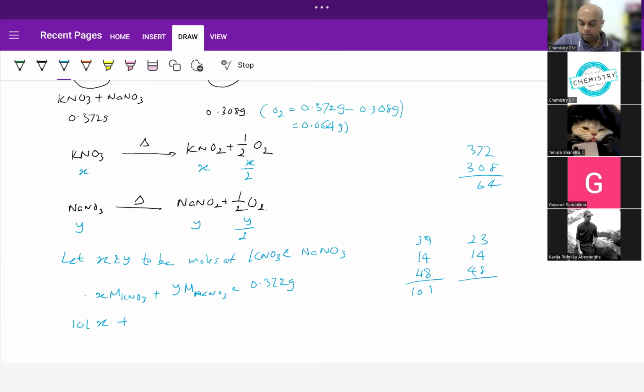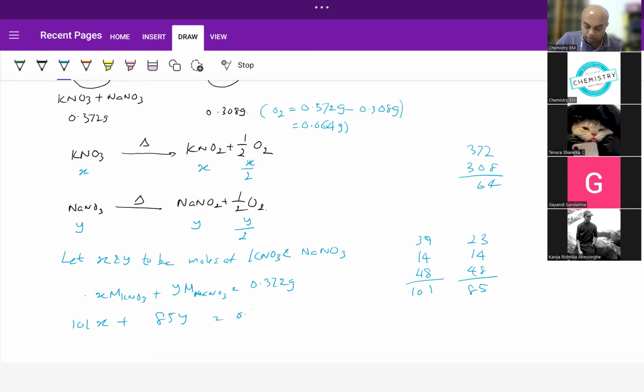That adds up to 85. Correct me if I'm wrong. Yeah, 85. So this will be 85Y.